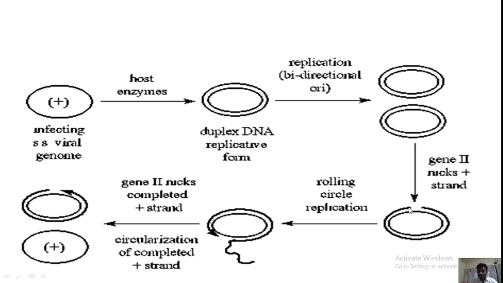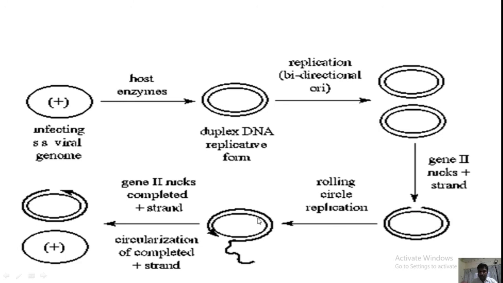Then two ends diverge for the plus strand. Suppose this is the 3' end of the plus strand and this is the 5' end of the plus strand. Then the DNA polymerase of the bacteria recognizes the 3' end and adds nucleotides over here. So this 3' end gets extended or elongated.